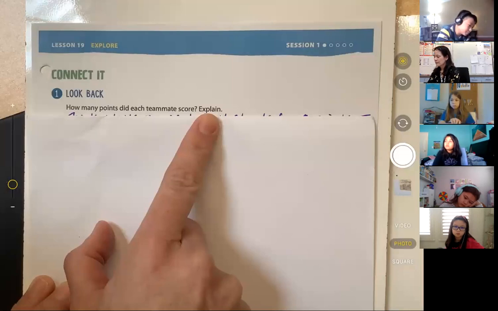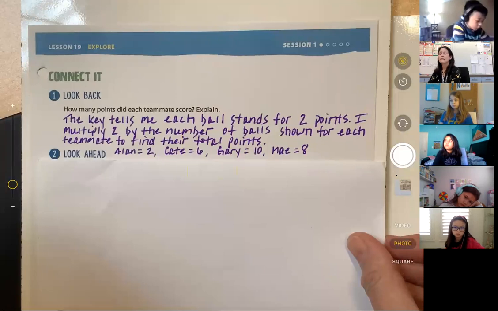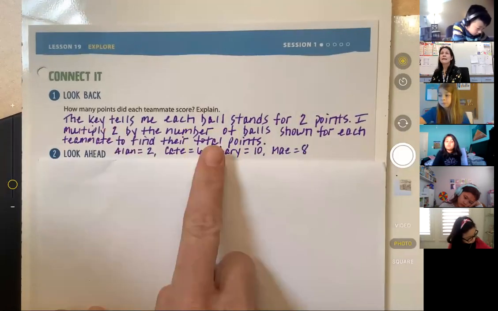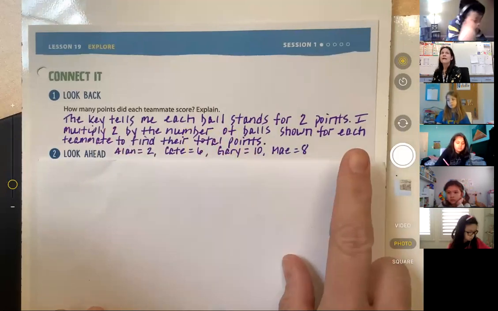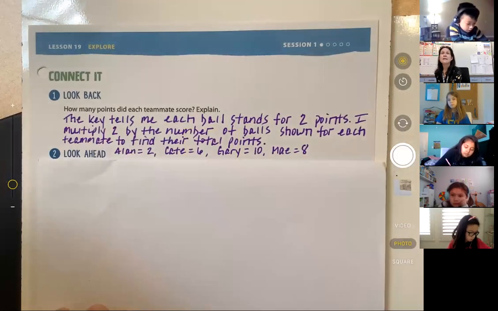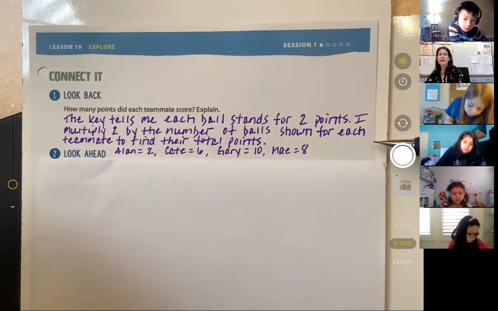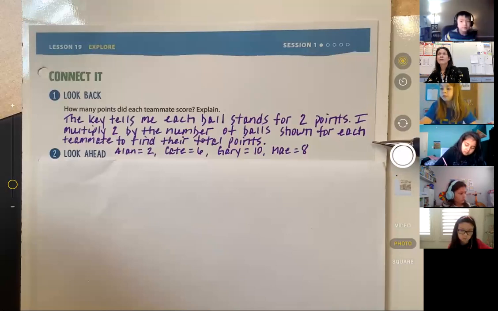So here are some notes for you, as we've just explained. The key tells me each ball stands for 2 points. And do I want you to write this down? Yes, I do. I multiply 2 by the number of balls shown for each teammate to find their total points. This is where multiplication facts are important, friends.